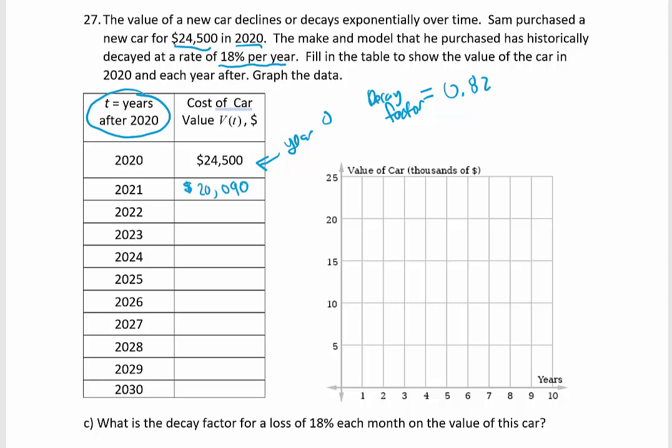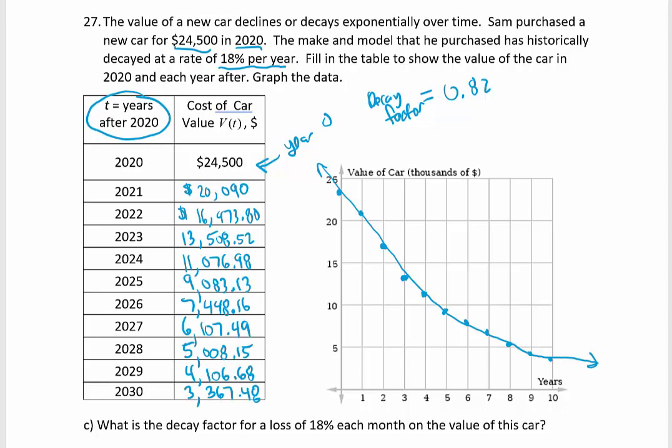Now I want to go to the second year. All I've got to do is multiply by that same decay rate, times 0.82, equals $16,473.80, and I'm just going to keep multiplying by this 0.82 to fill out the rest of the table here.